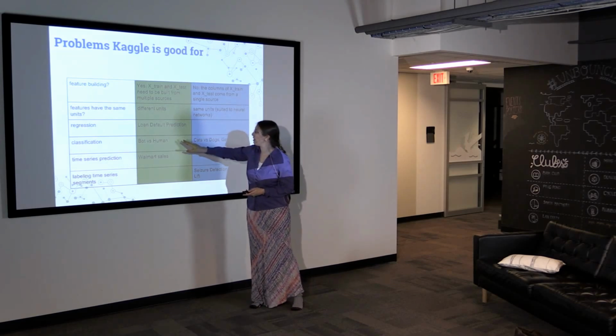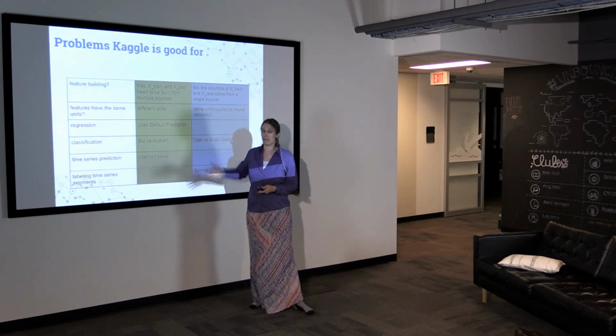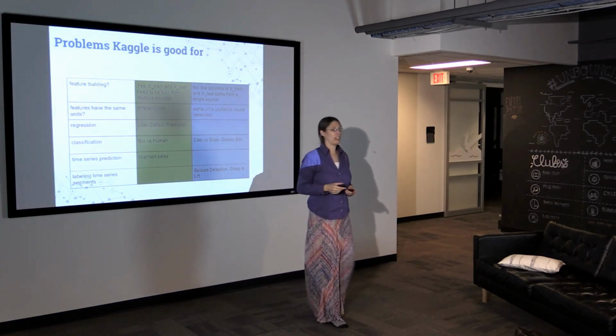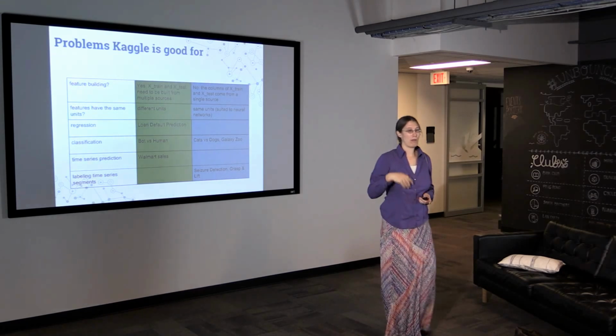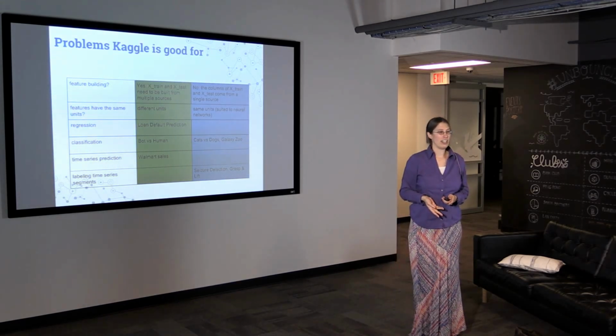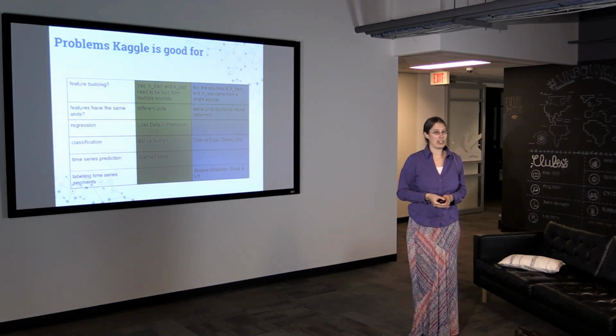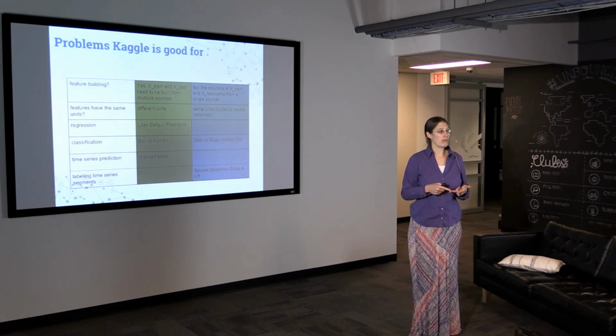In the bot versus human competition, which I'm going to talk about more later, you have information about what people have bid on in an online auction. You have information like what IP they were visiting from, how often they bid in an auction, and the time between bids, and all those things that you can measure are different units.